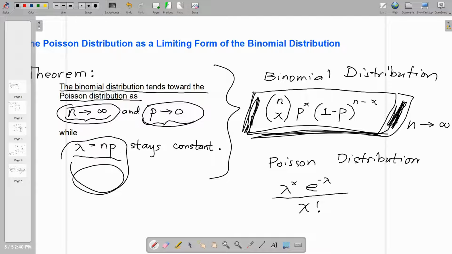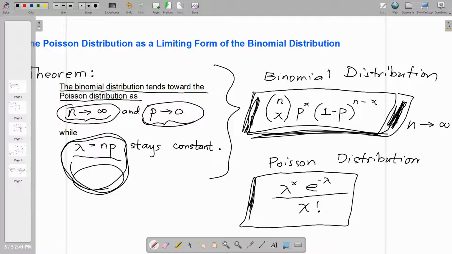While considering this, lambda is equal to n times p. So, will it become what looks like the probability mass function for the Poisson distribution? Okay? So, let us try to find out.